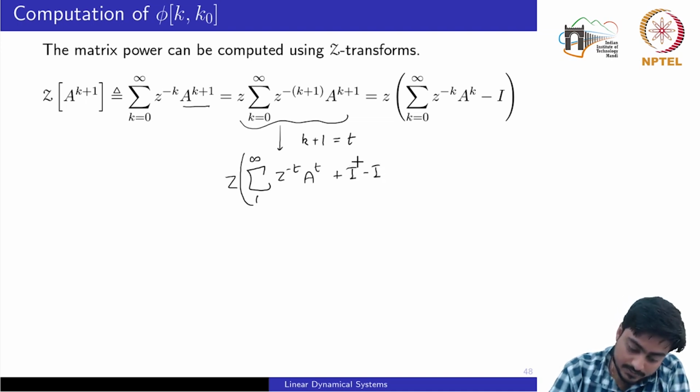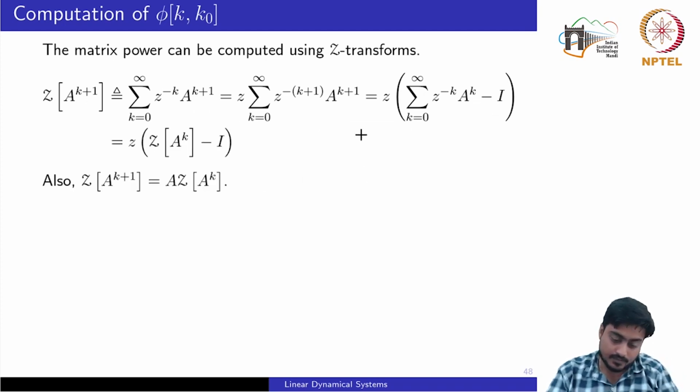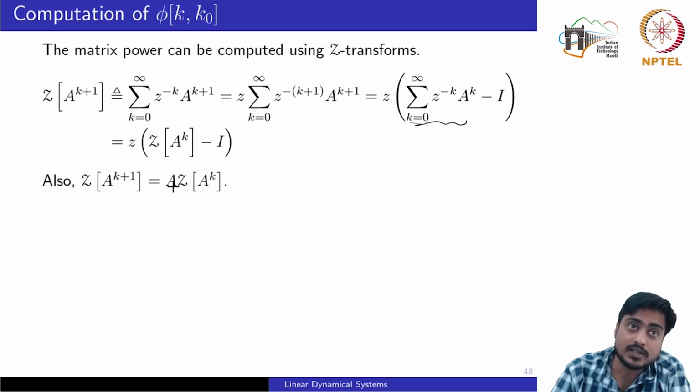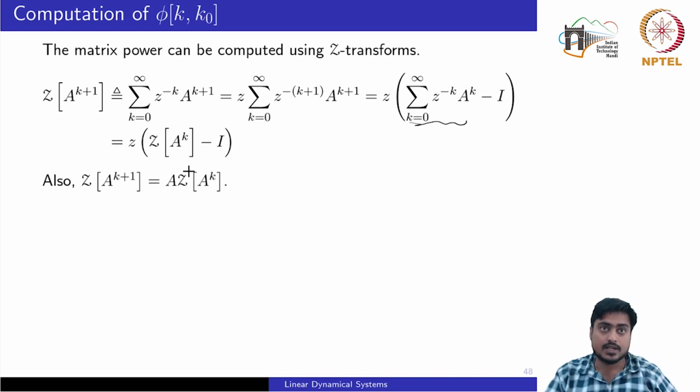Now this part I can write as this one, where I have changed the lower limit of the summation from 1 to 0. So this summation is k is equal to 0 to infinity, the rest of the part would remain the same, minus I into z. So I can write this expression as z times the Z transform of A to the power k minus I. And also we know that for the Z transform of A to the power k plus 1, I can write this one because A is a constant, so I can take the A outside of the transform.